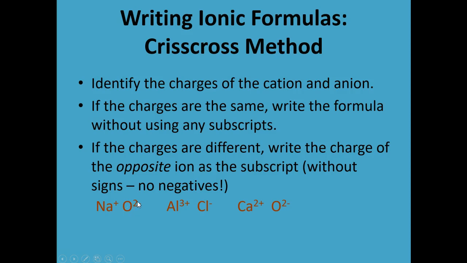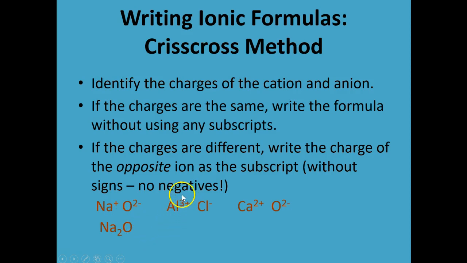What we do is we take the charge on the oxygen, and without a sign, that becomes the subscript for sodium. We take the charge on the sodium, and without a sign, that becomes the subscript for oxygen. So because oxygen is -2, we give sodium a subscript of 2. Because sodium is +1, we give oxygen a subscript of 1. And when we write formulas, we don't actually use a subscript of 1. It's just implicit in the presence of the atom there.